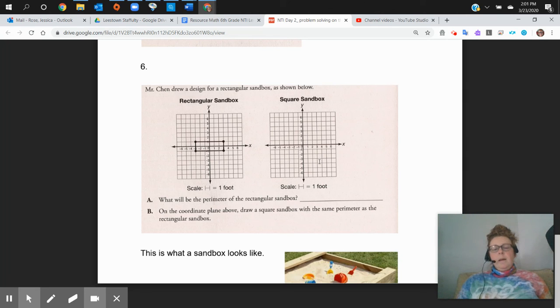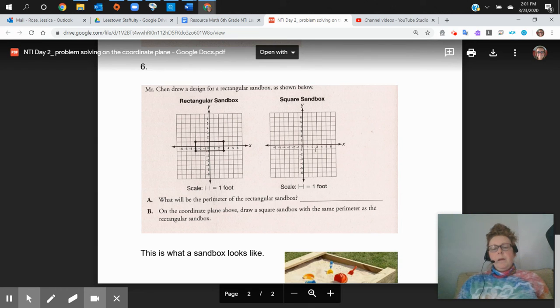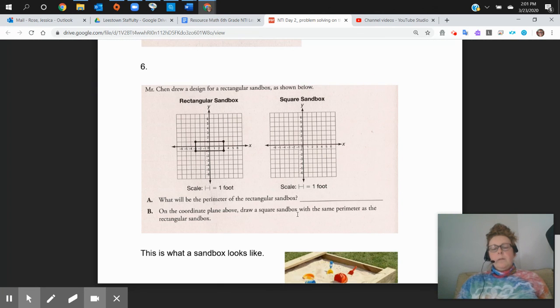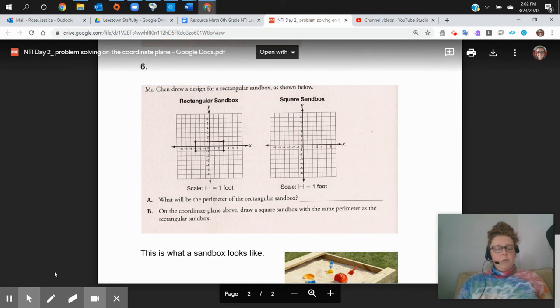Okay. And then B says on the coordinate plane above, draw a square sandbox with the same perimeter as the rectangular sandbox. So for example, say here's my square sandbox, which is not very good, but you get the point.